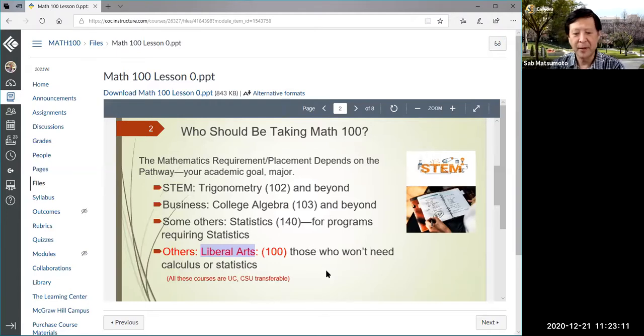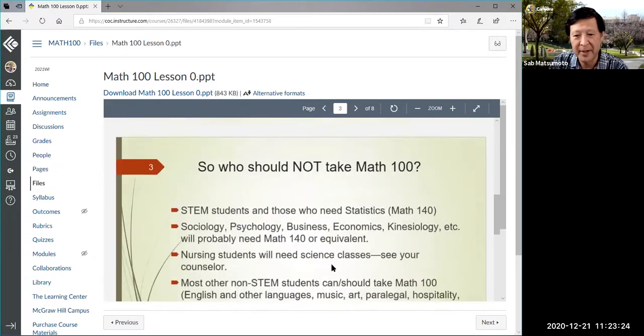All these courses are, by the way, UC and CSU transferable, and so you can go into UC or CSU schools, and under our agreement, they will take this credit for 3 units for liberal arts mathematics.